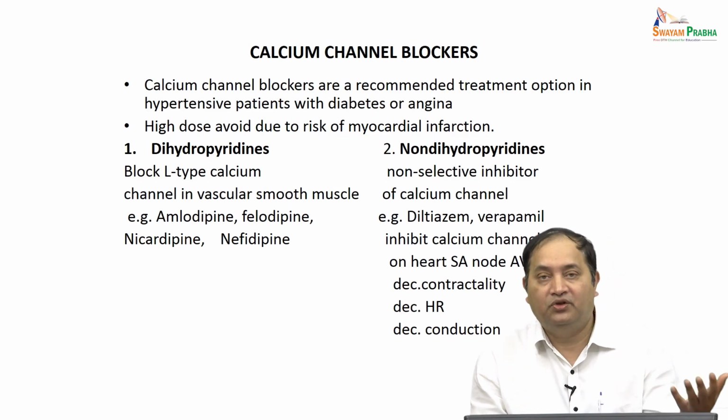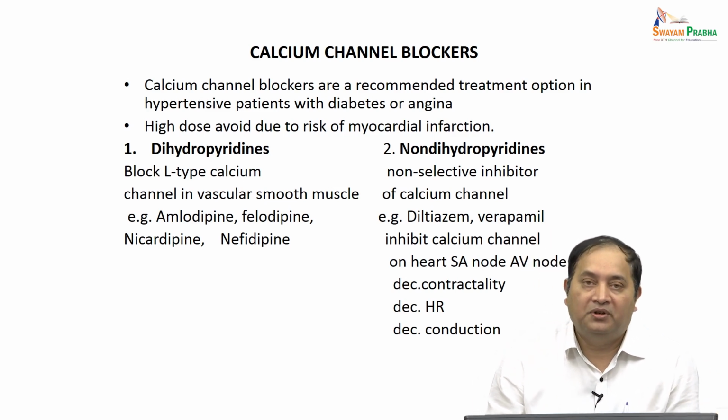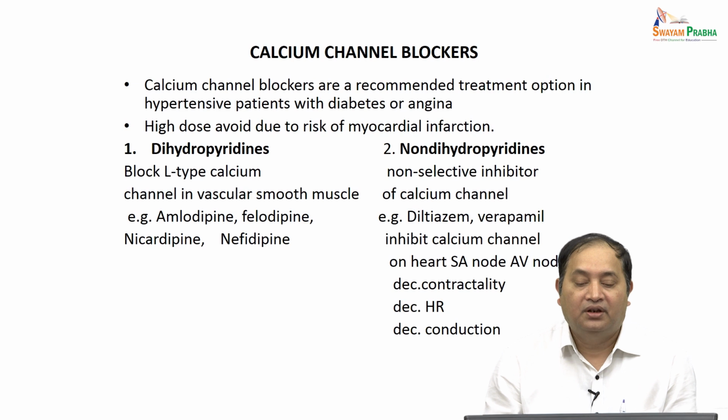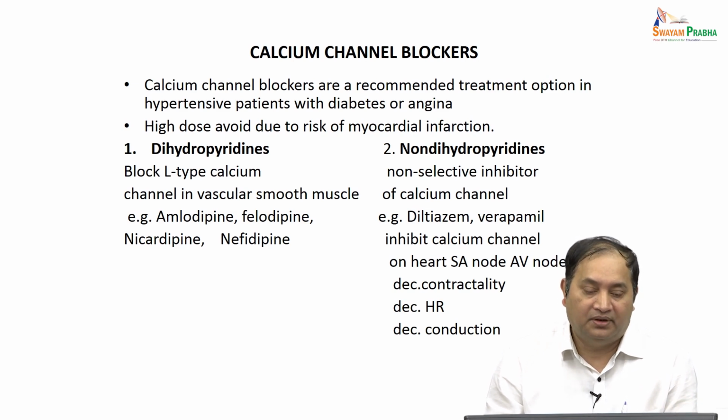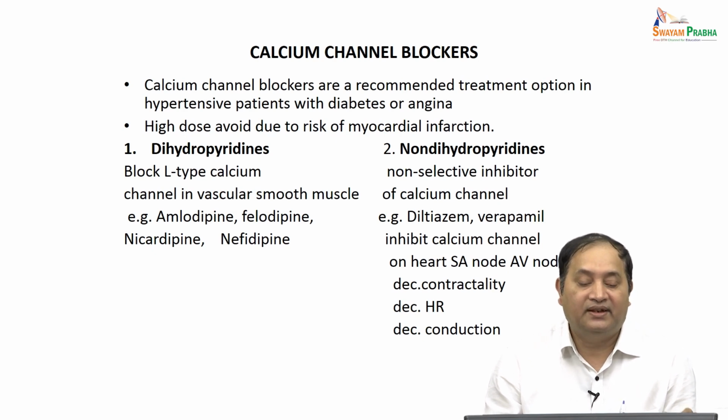For example, if you use beta blockers, the common problem is fatigue, so you cannot select them for a young patient. In case of high dose, due to risk of myocardial infarction, short acting ones are not preferred. We have dihydropyridines, which block L type calcium channels in vascular smooth muscle, for example amlodipine, felodipine, nicardipine, or nifedipine.